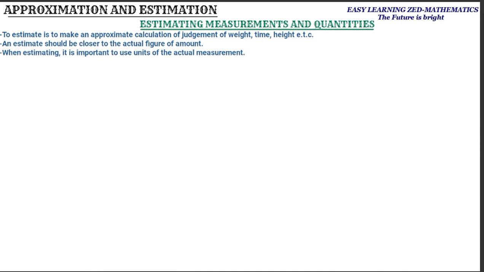If they find that there are 320, when you round off that figure, it will be close to 300. Rather than when you counted 320 and you say they are 400, that approximation is not genuine. It's not even close to the actual figure.